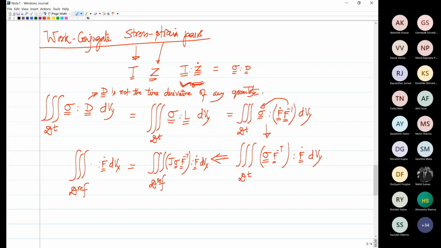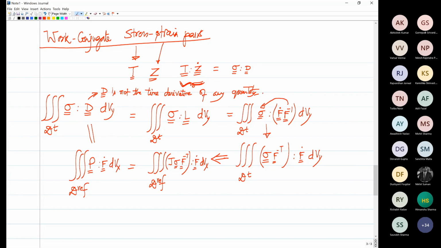P, right? First Piola-Kirchhoff stress tensor, right? P double contraction F dot. So what you have seen is that these two are same. But now this stress power is written as P double contraction F dot. So therefore you can say that P and F are kind of stress strain conjugate.